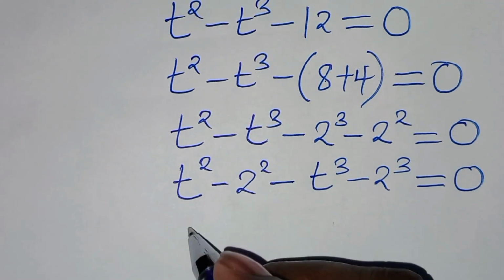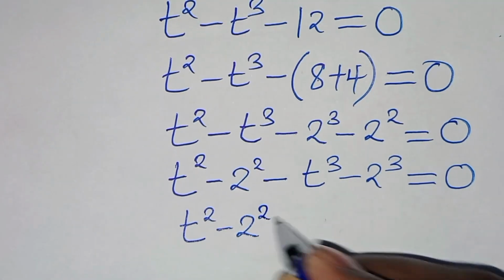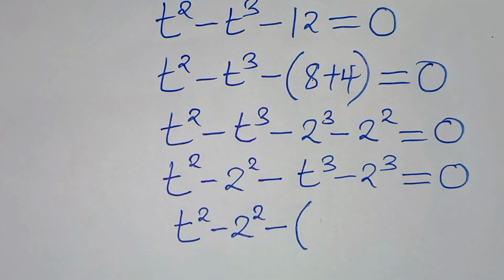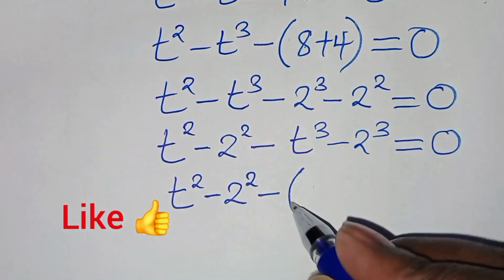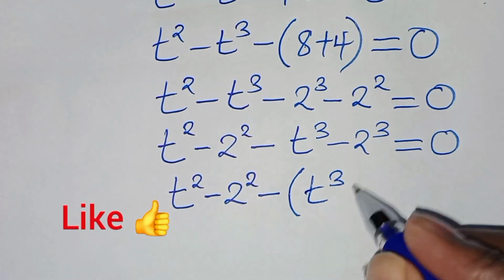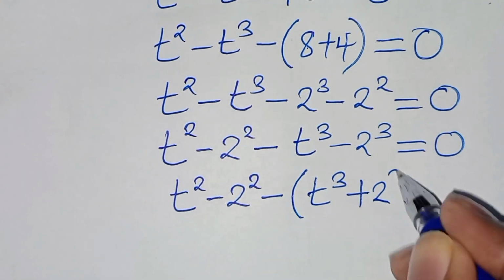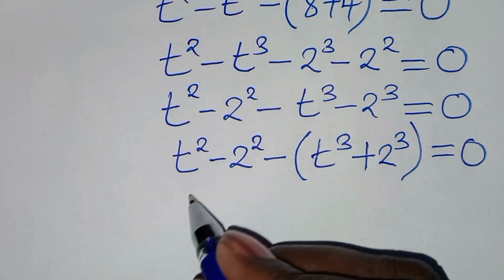So this implies that here we have t to power 2 minus 2 to power 2, then subtract t to power 3 minus 2 to power 3, and minus times minus is the same thing as plus 2 to power 3. This is equal to 0. Now, we have two parts here.